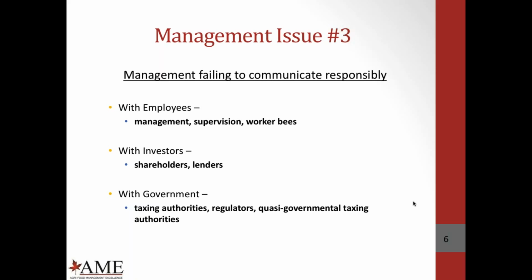With investors, if you're a shareholder in the company, or if you have lenders that you're needing to report to, if there's issues or concerns, or you've went through a program like this and you're proud of the project or the plan that you've done, communicating it with them so they understand what you're doing.